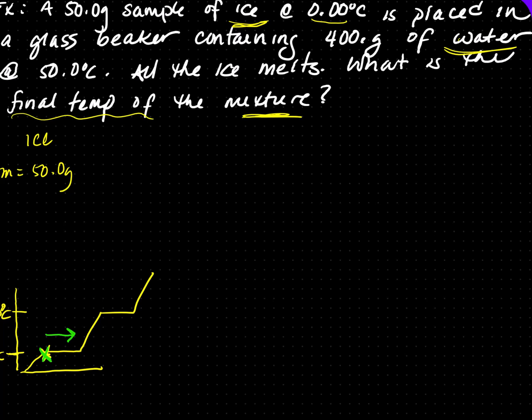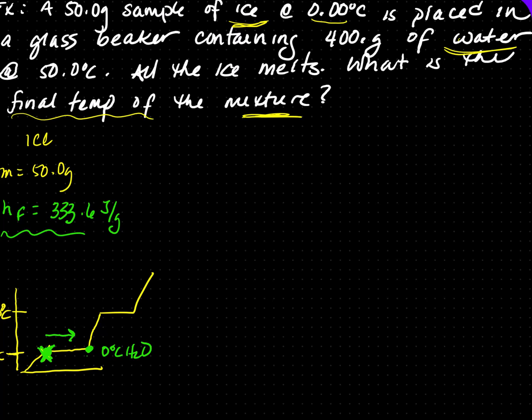To melt ice, this is a phase change, so we need the latent heat of fusion, which is equal to 333.6 joules per gram. The ice started at 0 degrees Celsius, which is located at this position. It melted and became 0 degrees Celsius water.